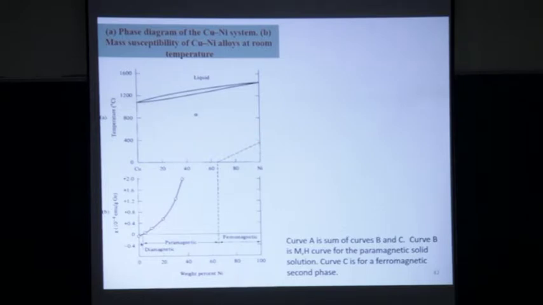I think we discussed this also. The Curie temperature keeps falling until there is no ferromagnetism. So beyond this composition, you get paramagnetic behavior. And very close to pure copper, it becomes diamagnetic.